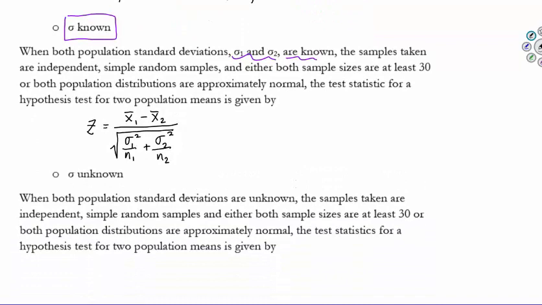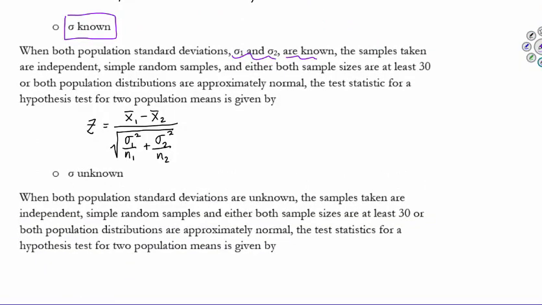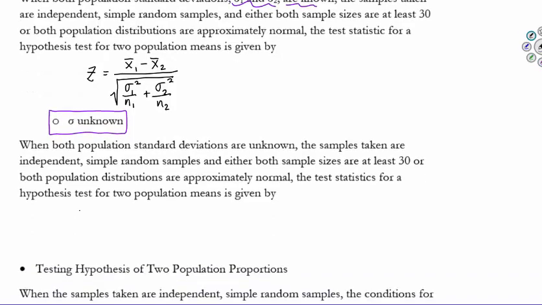If more likely, the population standard deviation is unknown, we cannot use a z-distribution, we must use a t-distribution, so we'll have a t-test statistic. Still, the numerator is the difference between the sample means, but we don't have population standard deviation, so we have to use the sample standard deviation as an estimator in its place.